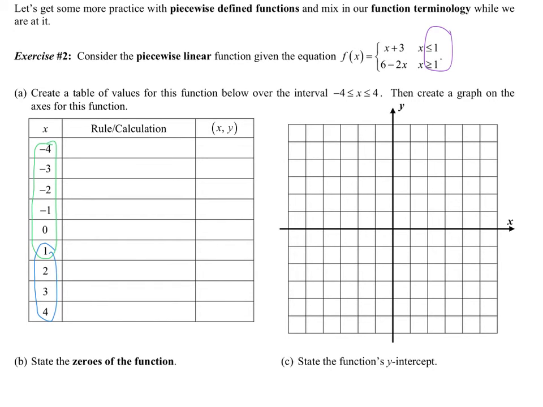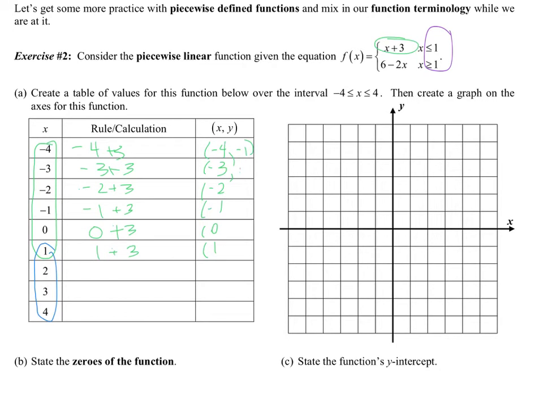So for -4 through 1, you're going to use x plus 3. So -4 plus 3, -3 plus 3, -2 plus 3, -1 plus 3, 0 plus 3, and 1 plus 3. So when x is -4, y is -1.